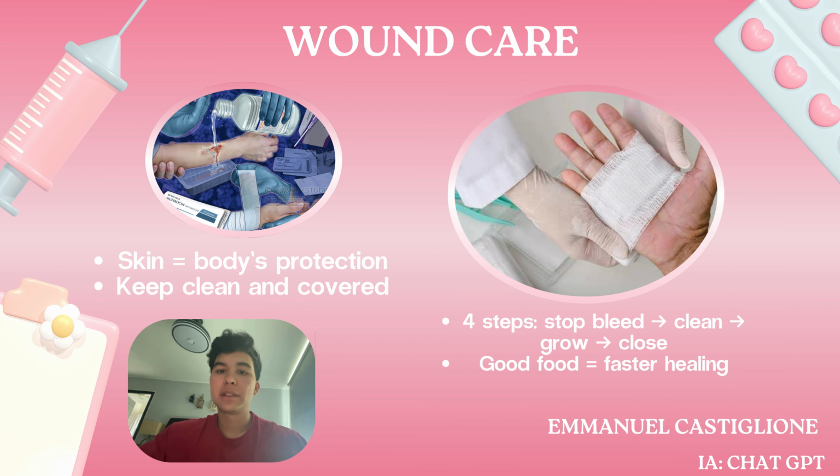First, the blood stops the bleeding. Second, the body fights infections and cleans the area. Third, new tissues start to grow. And last, the wound becomes stronger and closes. This can take a few days or sometimes many weeks, depending on the person and the size of the wound.